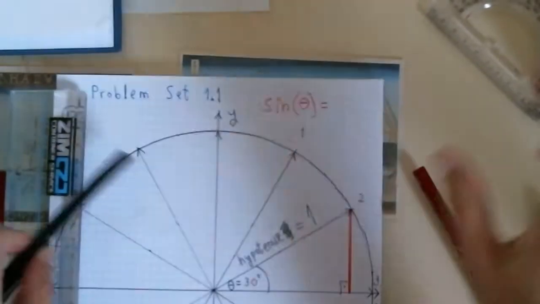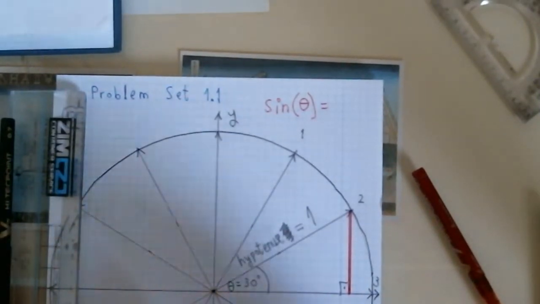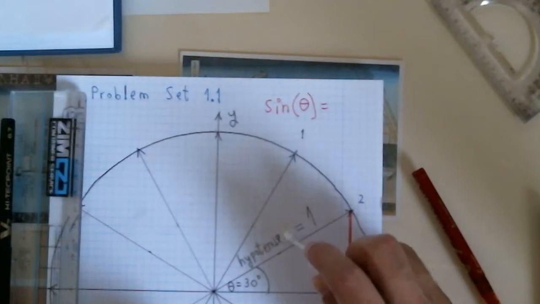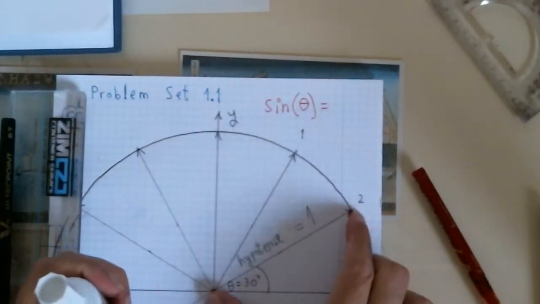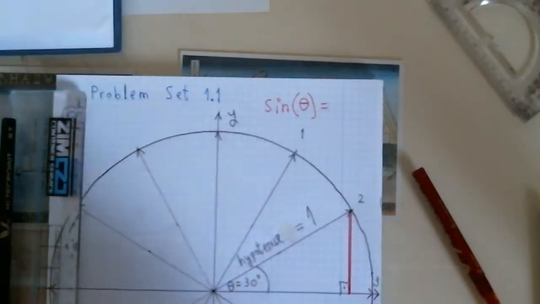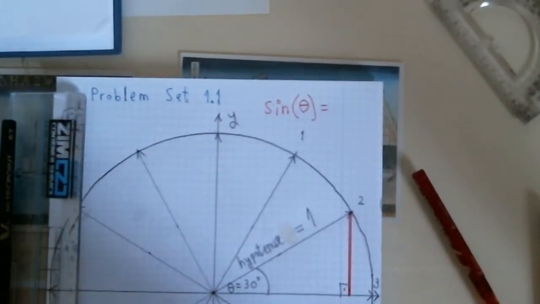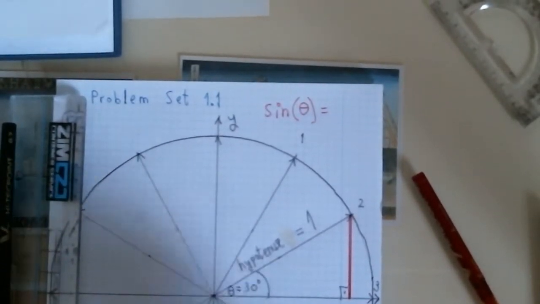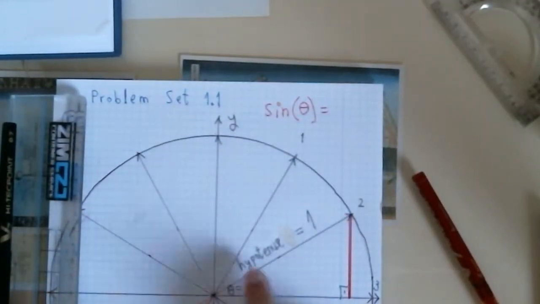In this specific case, it doesn't have to be 1 every time. In this specific case, we are talking about this vector, the size of it is 1. We don't know if it's 1 meter or 1 yard or 1 whatever, but it's 1. For us, it's 1 from here to here.